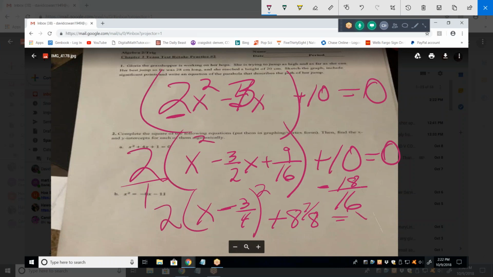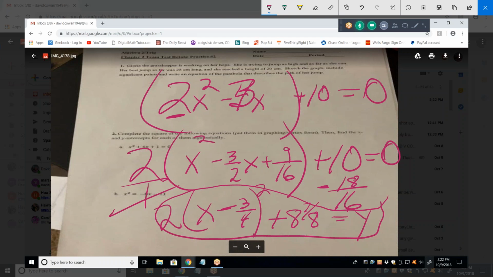So there is my new equation after completing the square. And the beauty of this format is I know what A is, I know what H is, and I know what K is. So I know where the vertex is. That's the usual reason you're completing the square. So you'll immediately know where the vertex is.